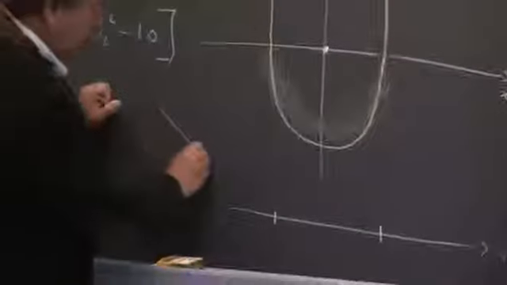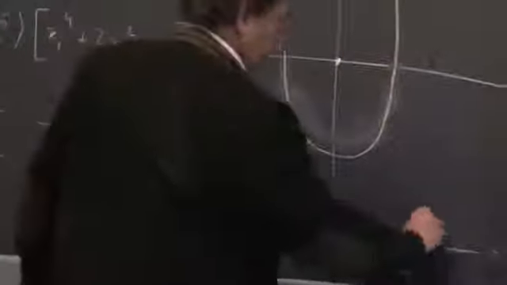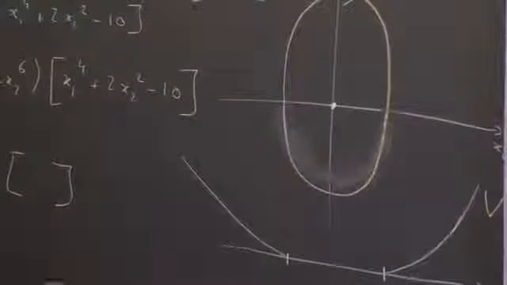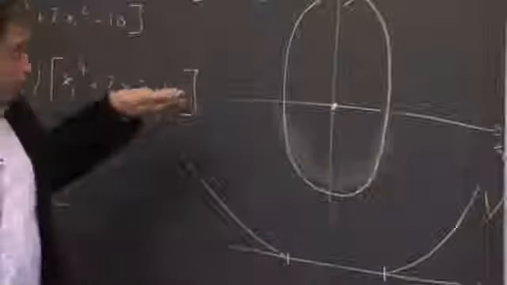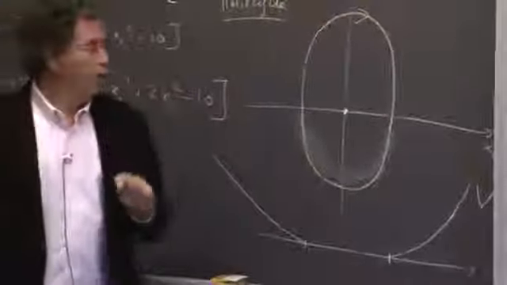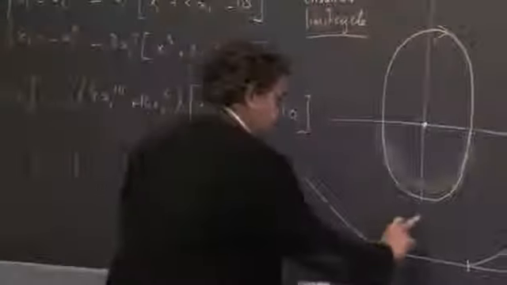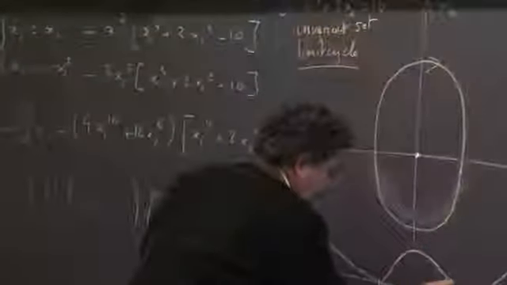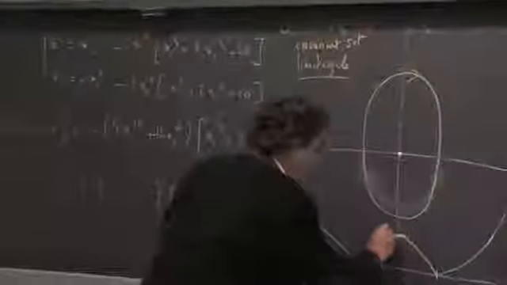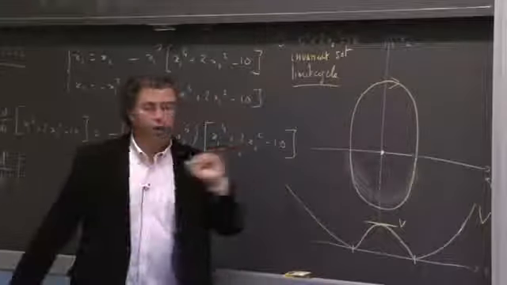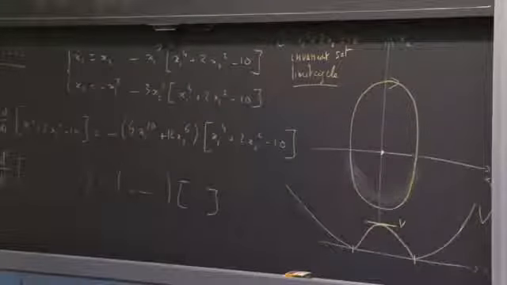It would tend to infinity in these directions. And in the middle, it would look like some kind of a bump. And what would be the value of this bump in the middle?